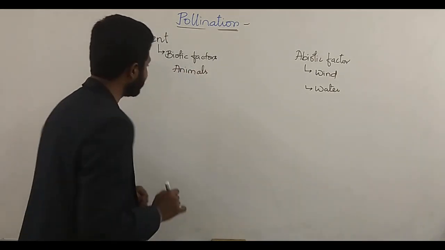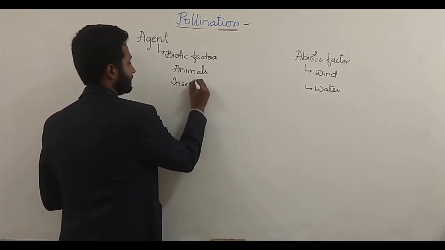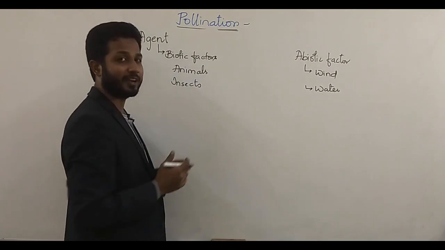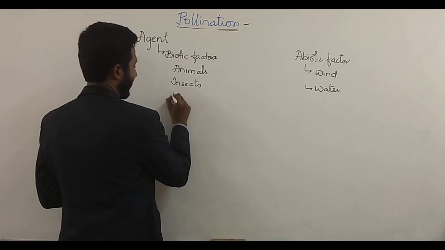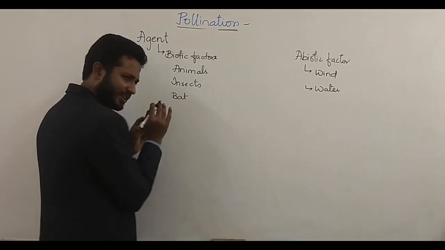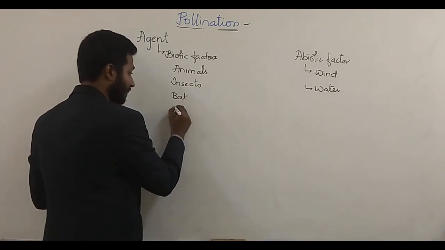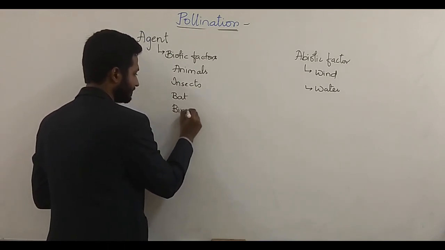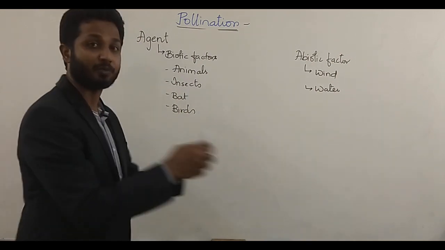Under animals, we would specifically talk about insects because they are the largest pollinators present on the earth's surface. Then we have so-called bats. Especially we are talking about bats separately from animals. Then we have birds. So these are specific types that we are exposing over here.